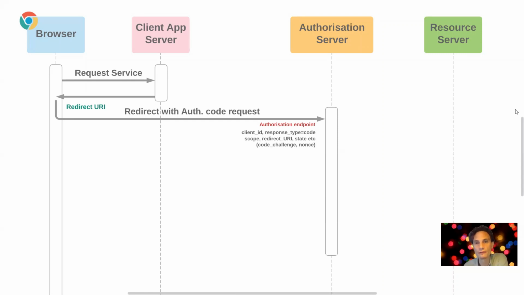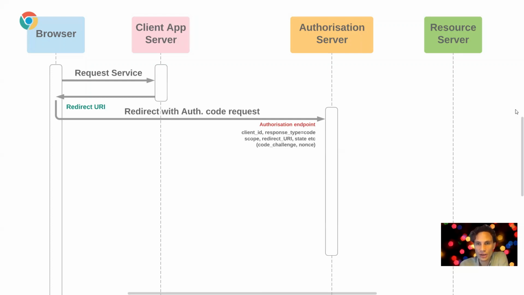That comes in a code verifier parameter a bit later. So that code challenge and code verifier are helpful for the authorization server to be confident that the entity making the token request is the same entity that made the authorization code request.